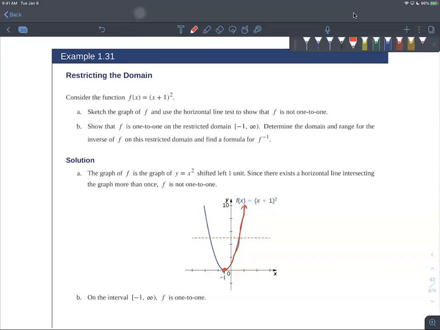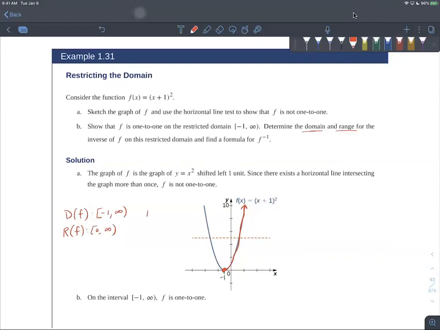The domain of f. So the domain and range for the inverse of f on the restricted domain. So the domain of f, let's look at that. That is, for this restriction here, it is from -1 to infinity. The range of f, we can see that is from 0 to infinity.